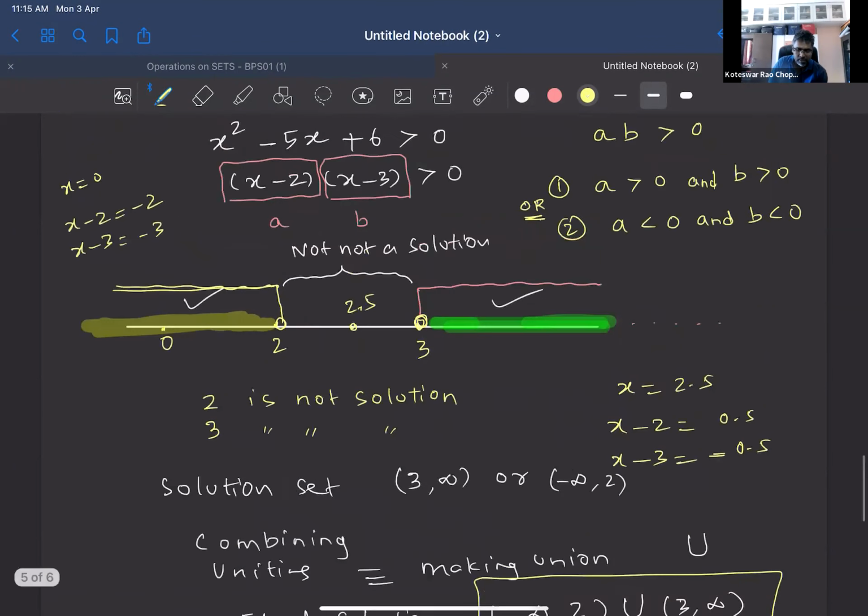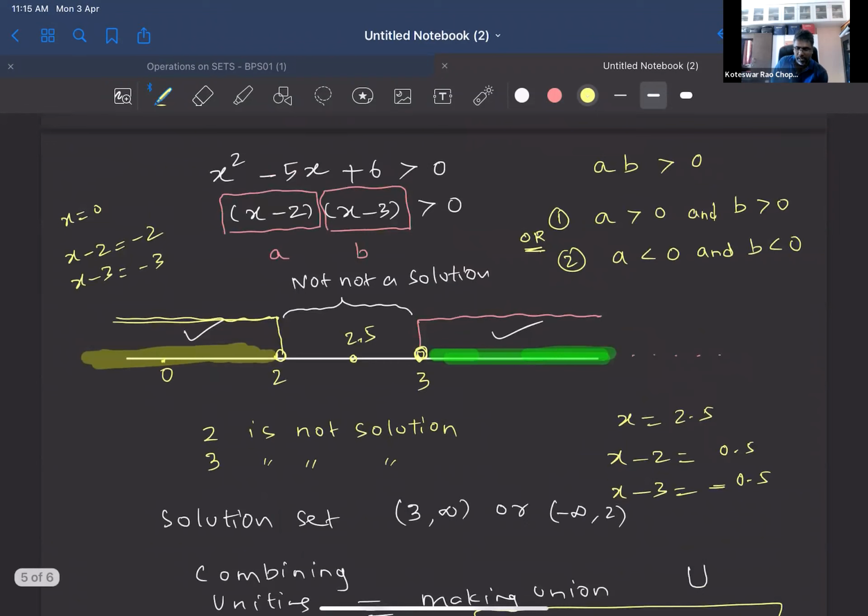Whenever you draw this number line, wherever the left hand side is becoming 0, those values are called critical points. For example, this 2 and 3 are called critical points.